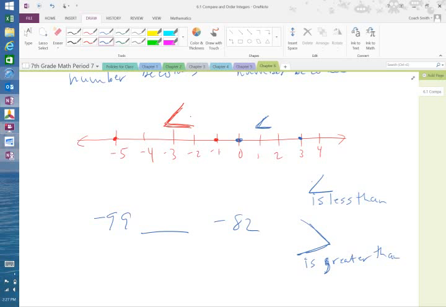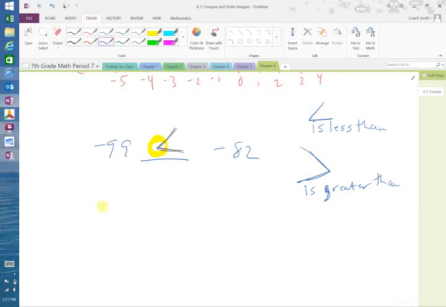Brandon says is less than, so this sign goes in the blank. The point always needs to point to the smallest number. So if I was doing -82 blank -99, the smaller number is -99, so I point the sign at it.